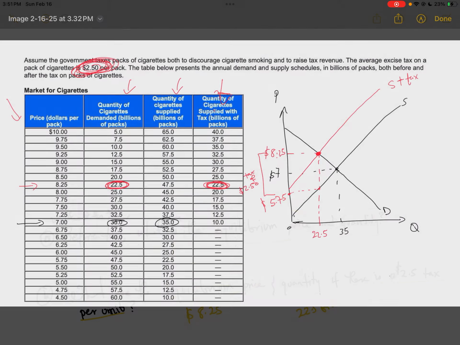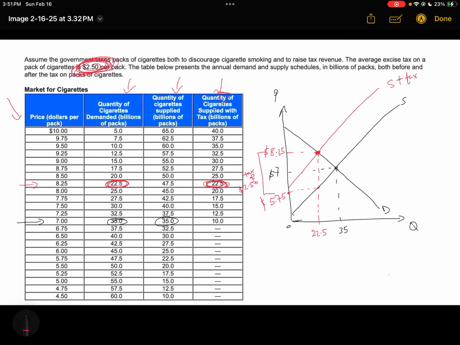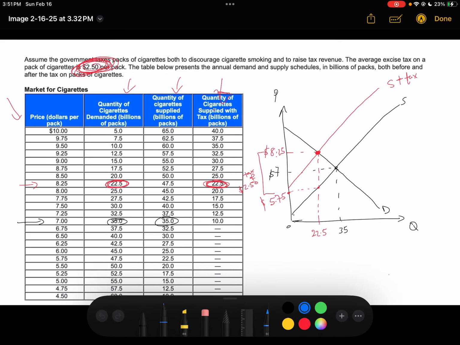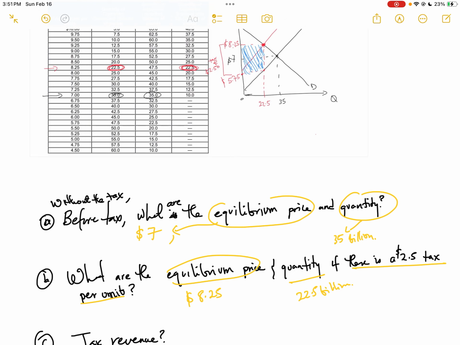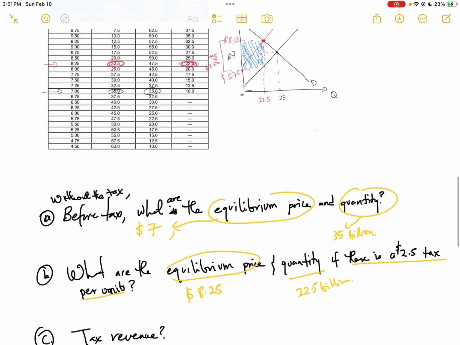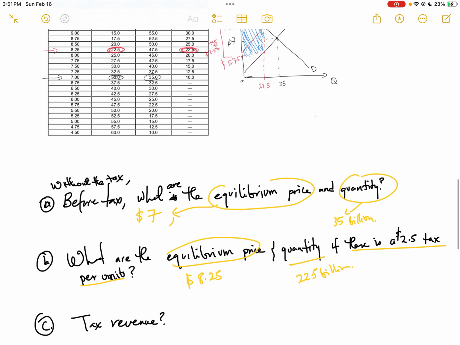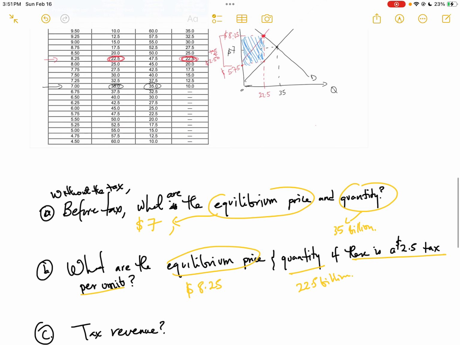And so what is the tax revenue? Well, let me shade that for us in blue again. The tax revenue is that area right here. This is the tax revenue. You can see it's a rectangle. And so we will do length times breadth, right? Area of a rectangle. And that will be 8.25 minus 5.75, right?